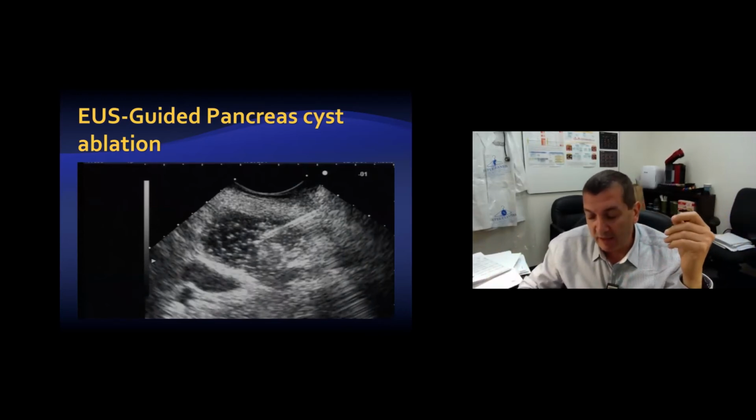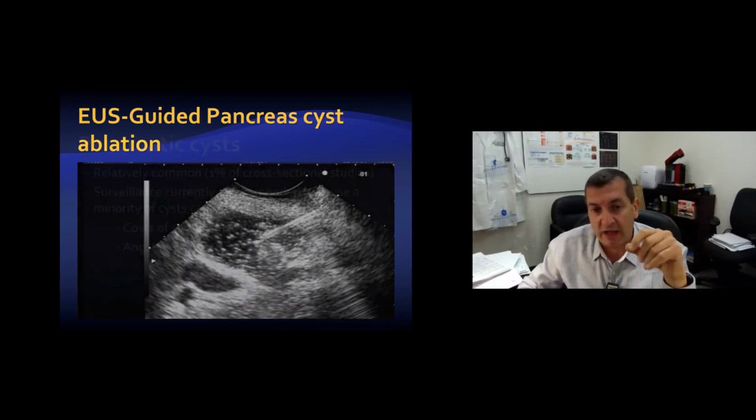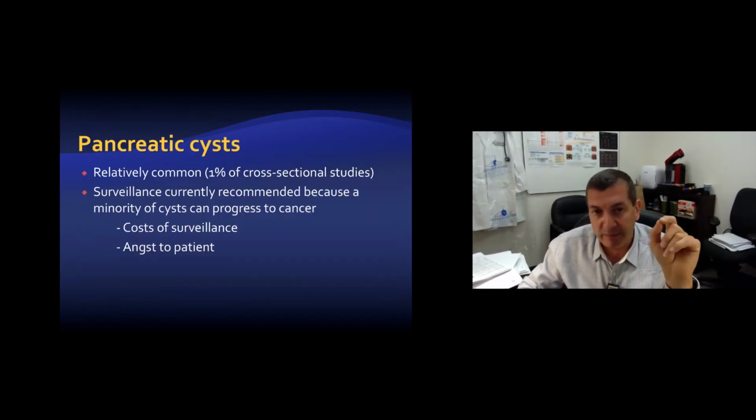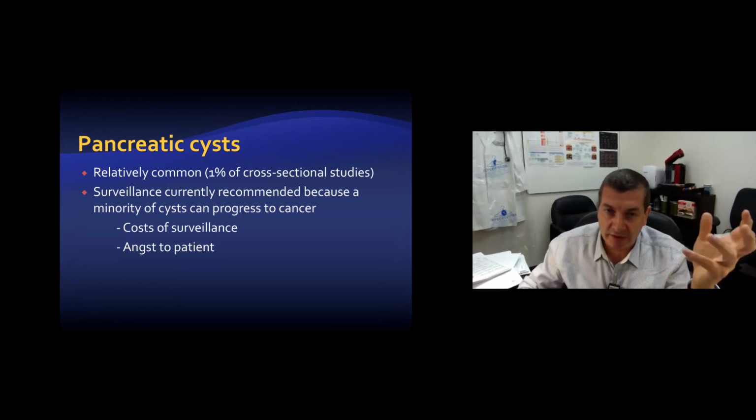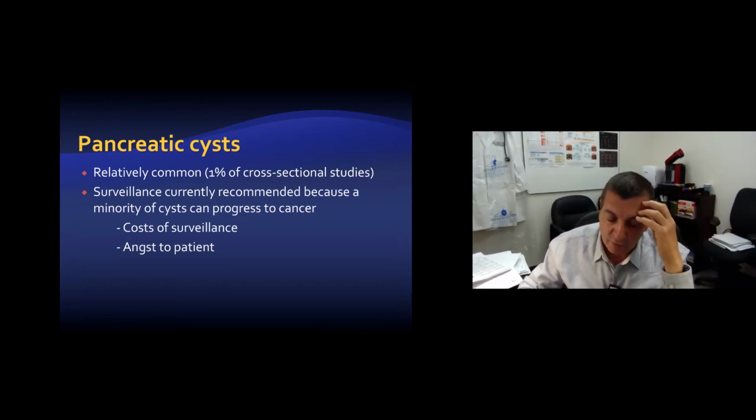And people have used alcohol to ablate the lining of the cyst. And that's the idea of ablation with alcohol. The problem with alcohol ablation is it can cause pancreatitis, either from leakage of the alcohol or just by the local inflammation that happens when you ablate the cyst with pure alcohol.